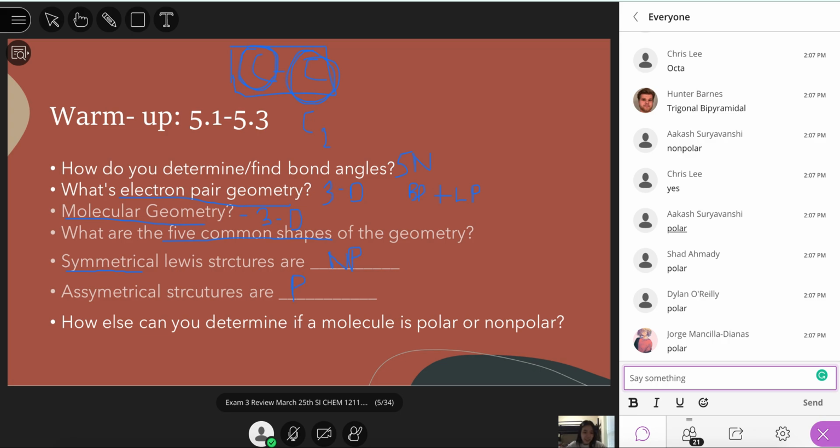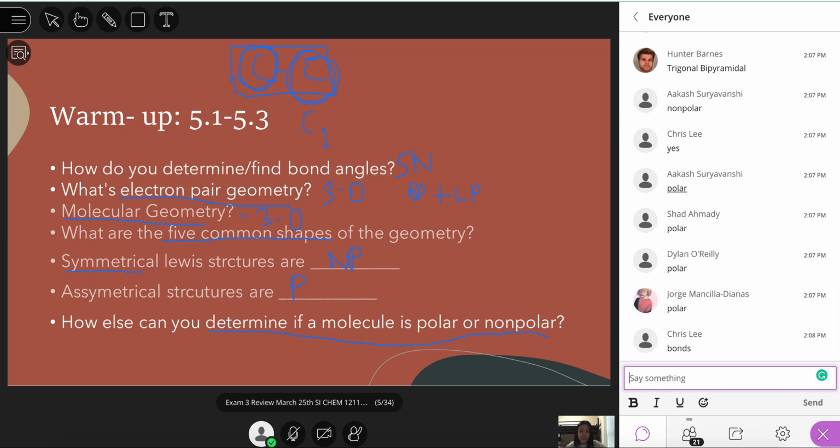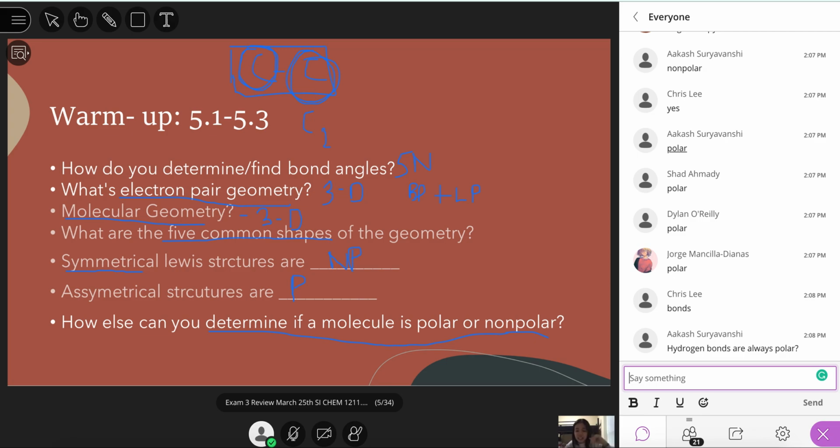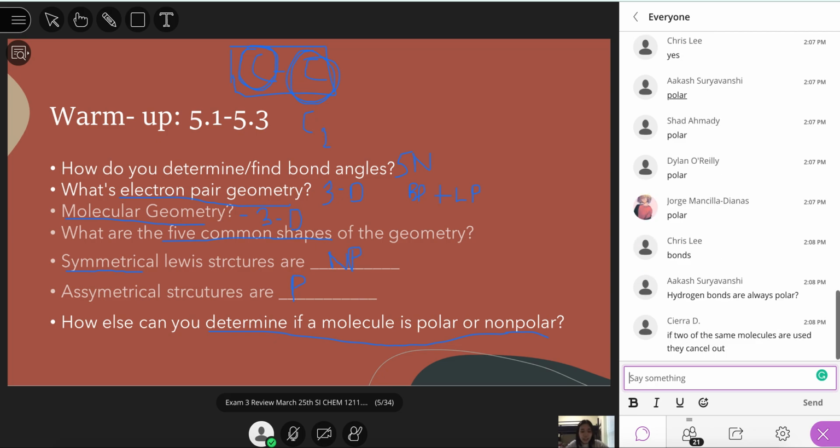So now that we've found that, how else will you determine it? Because we know symmetrical and asymmetrical, right? But if you're running out of time on a test, and let's say you have 5 minutes left and 10 questions, how would you know just by looking at it? What else would you determine? Because that's not the only way, right? Bonds. Okay. Yeah, that's good. You can use electronegativities. Yes, exactly. Hydrogen bonds. And what's included in a hydrogen bond?